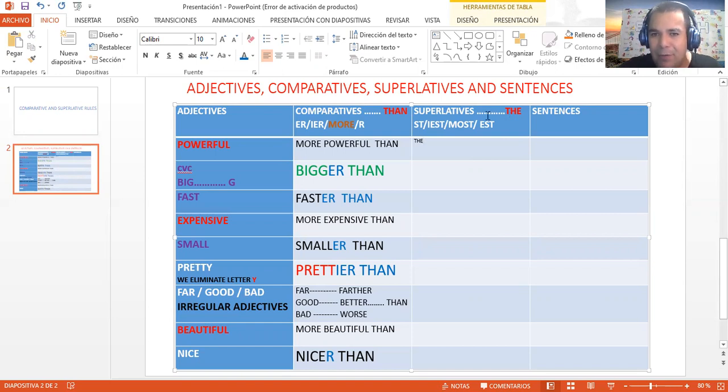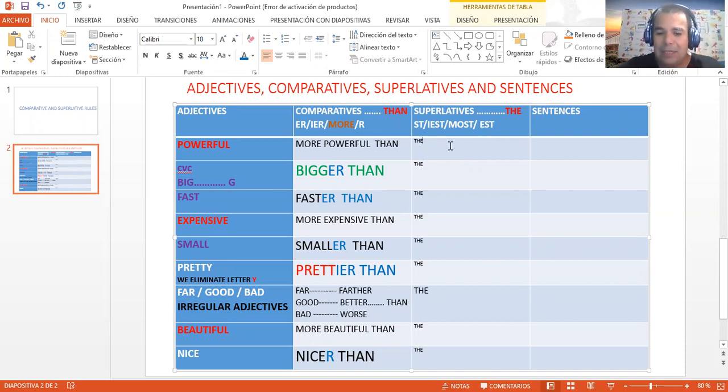So remember that for the superlative, we use this article, which is in red color right here: the. For all the different adjectives, we're going to use this article at the beginning. So I'm going to go ahead and write it down like this. So we have it ready.